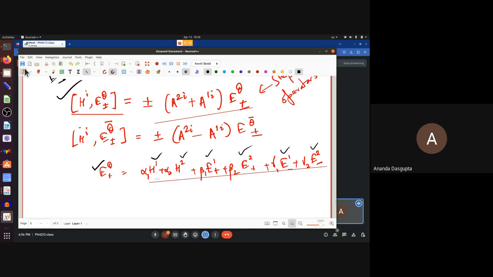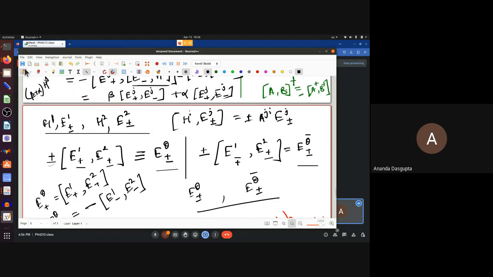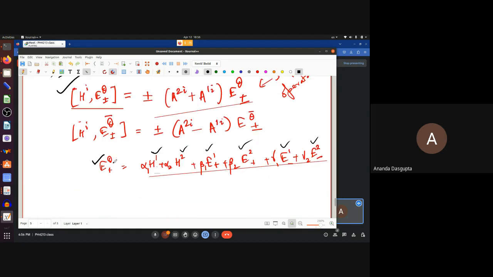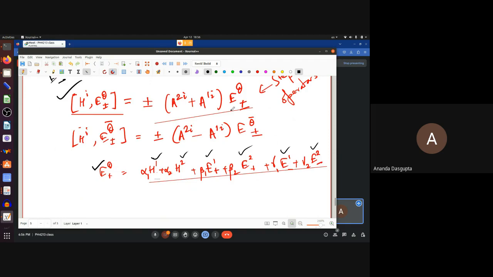But now that we have already got 6 generators, it seems that it's going to get worse because with E theta plus minus, E theta bar plus minus, I get 10. And I've already seen that the only way these commutation relations can be consistent with a linear combination is that the operator is 0. So what's the simplest possibility?